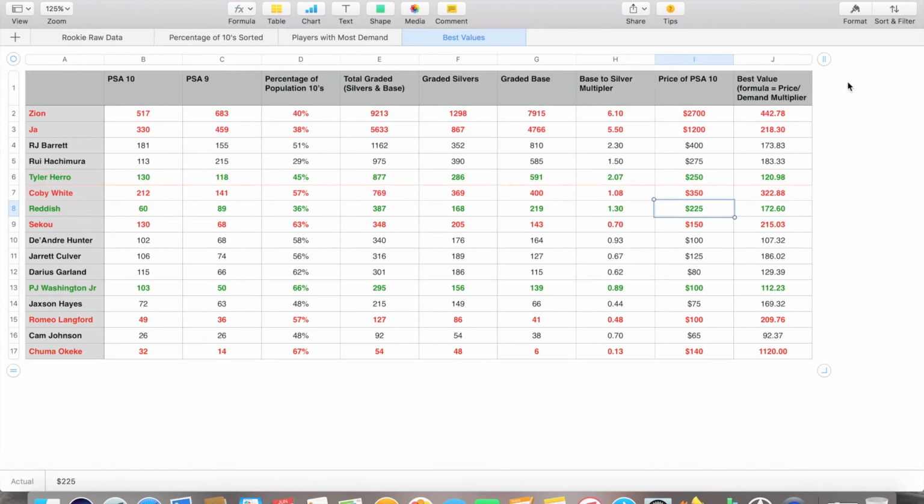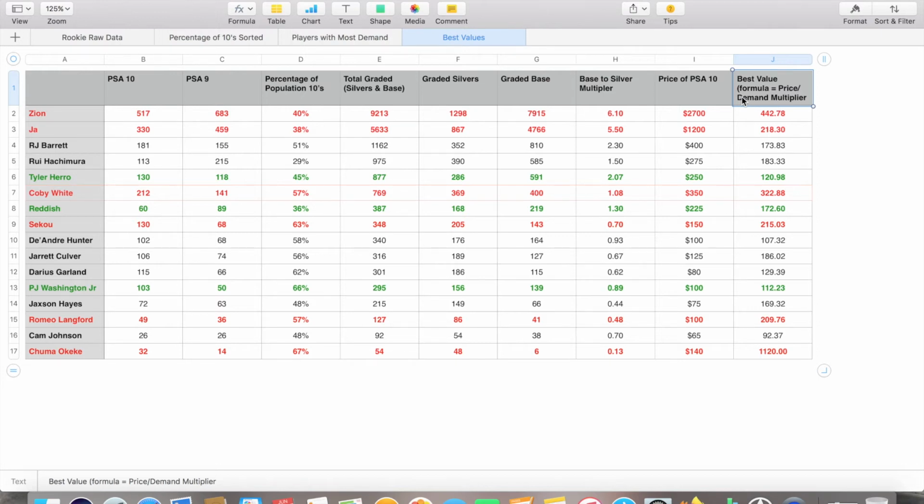Now we're going to talk about what I believe to be some of the best values out there. The next thing that I did, there's one new column in this last tab, and that's the best value. The formula that I came up with is really simple. I made a column for the price of their most latest PSA 10s, and we're dividing the price by the demand multiplier.